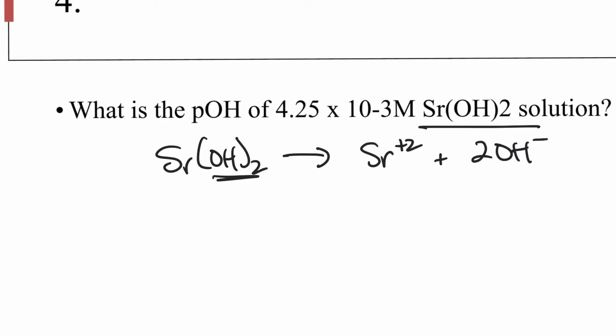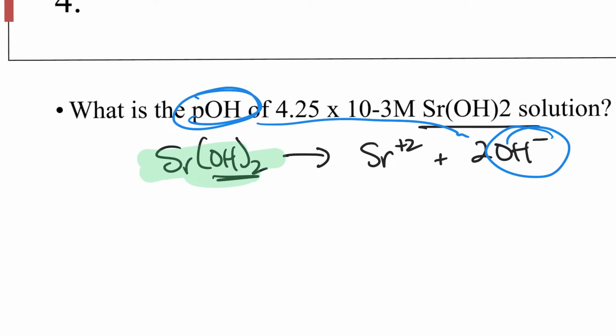Once again, remember, pOH is based on the concentration of hydroxide that's created. If you look at this, for every one strontium hydroxide you create, you make 2 hydroxide ions.